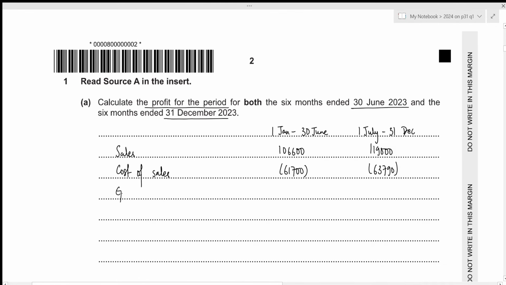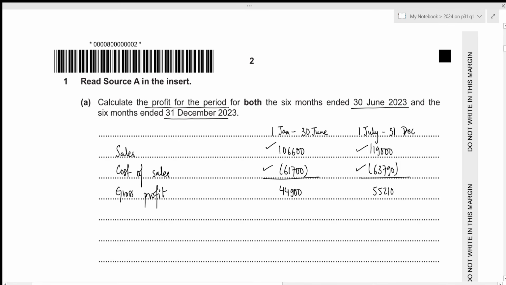Now we need to calculate the gross profit. For the first half of the year, that will be 106,600 minus 61,700, which results in 44,900. For the second half of the year, that will be 119,000 minus 63,790, which results in 55,210.